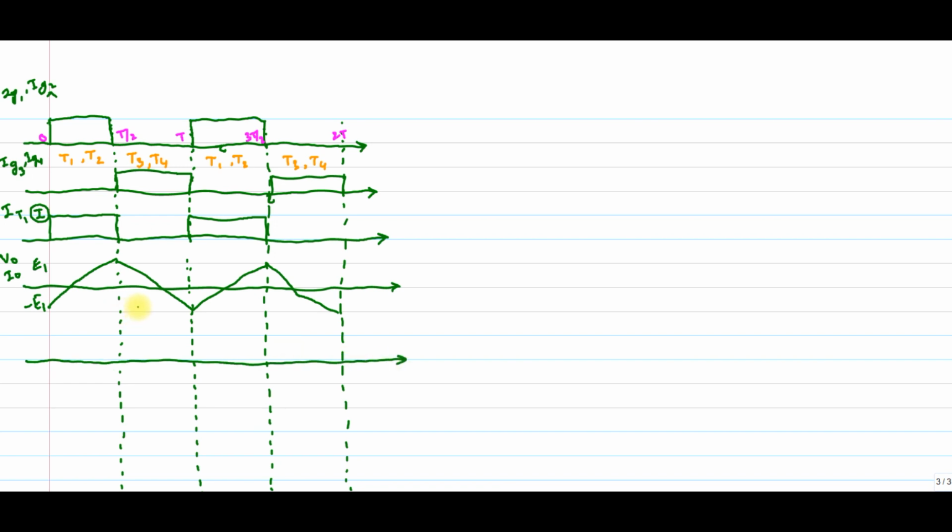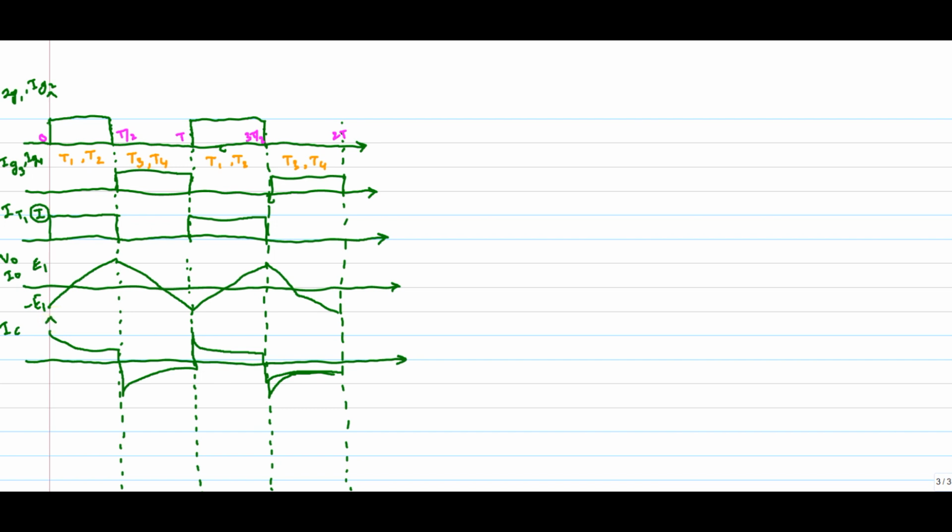The capacitor current is reducing, after that it is negatively increasing, again it is reducing, and again negatively increasing. Of course these two are the same. So this is the current IC passing through the capacitor.